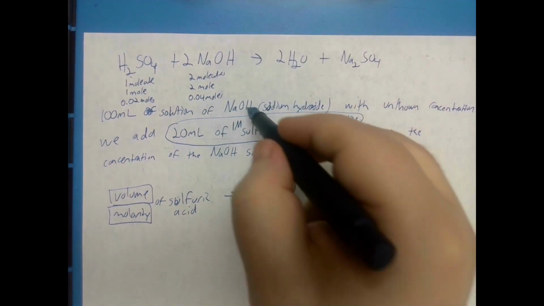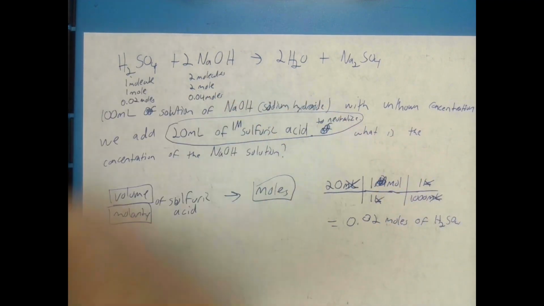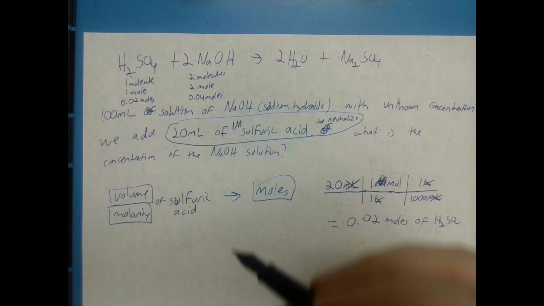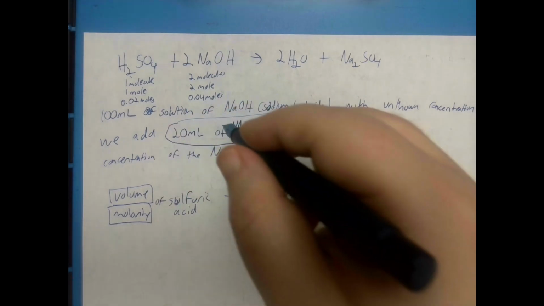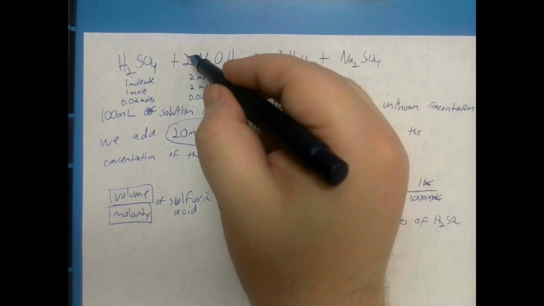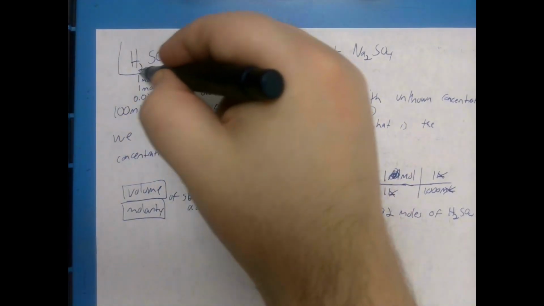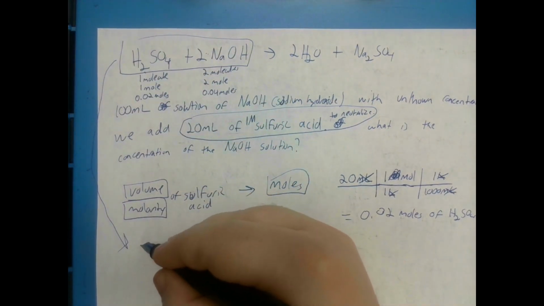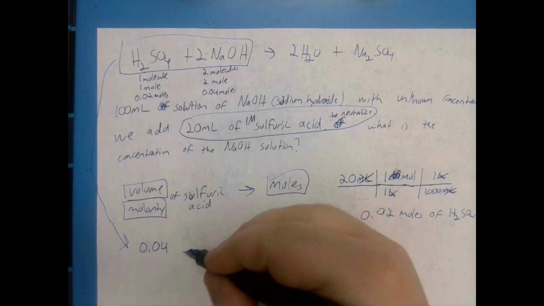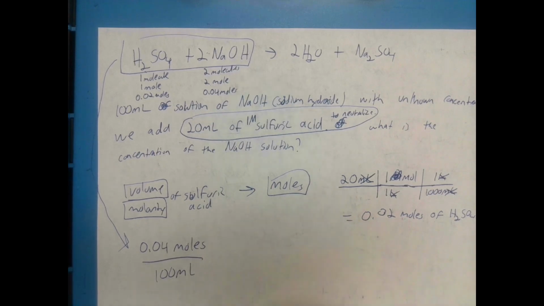Whenever this acid neutralizes this base, it does it when the ratio is twice the base for every 1 acid. 2 base molecules for every 1 acid molecule, right? So at the point it's neutralized, the point they both react fully, is whenever we have twice as many molecules of this as this. So based on this equation right here, we know that we have exactly 0.04 moles in the 100 milliliter solution.